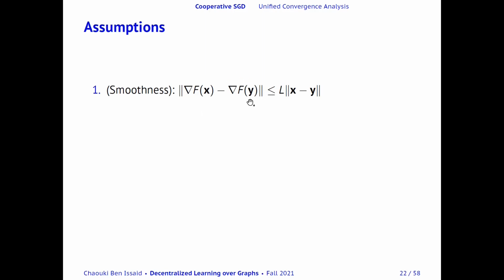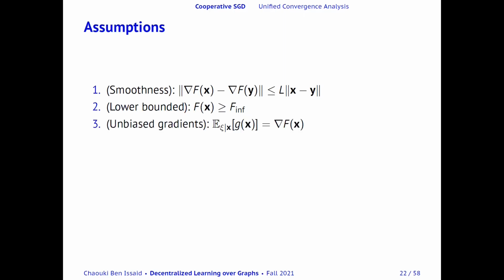That is, the norm of the difference between the gradients is upper bounded by L, the Lipschitz constant, times the difference between X and Y. We assume that F is lower bounded by a quantity that we denote by Fm. The stochastic gradients g are assumed to be unbiased. That is, the expectation of g of x is equal to the gradient of F of x.